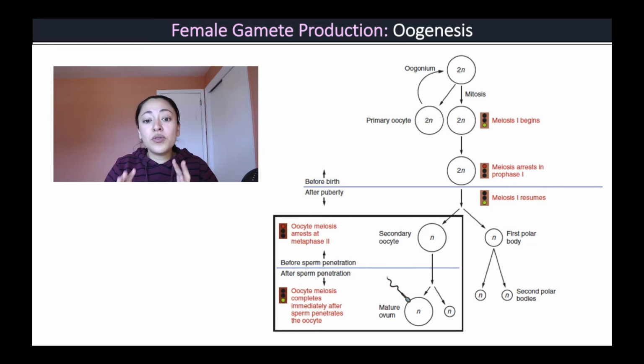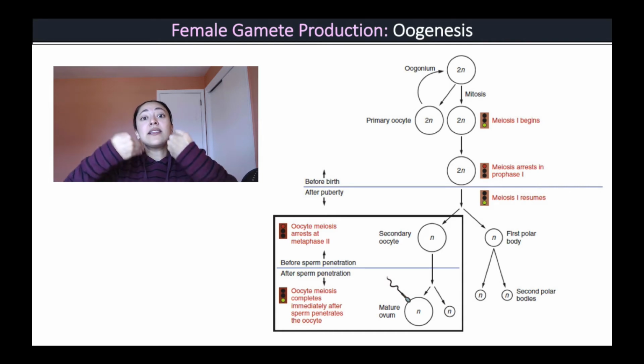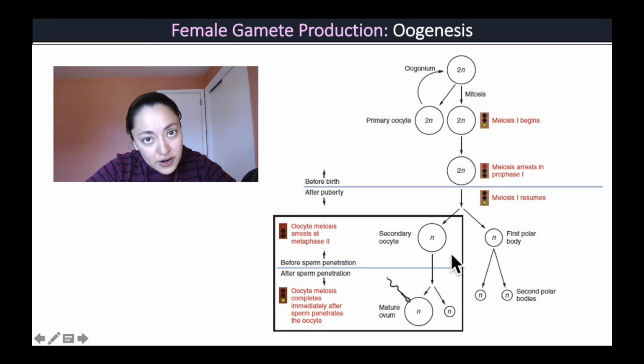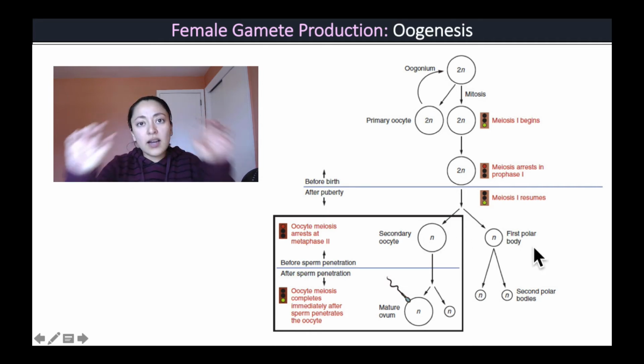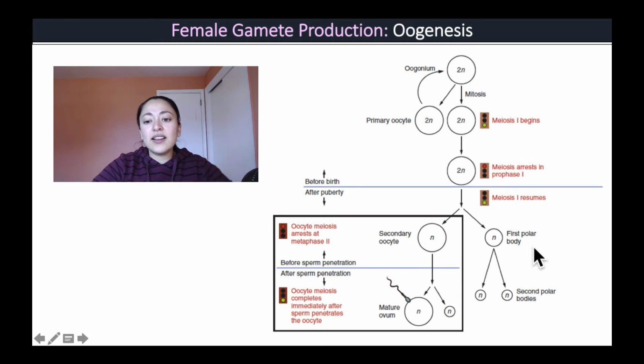Once you go through puberty, some of these primary oocytes every single month will start to complete meiosis 1, and they will become a secondary oocyte. However, notice that when this primary oocyte divides, it doesn't create two secondary oocytes that are equal in size.